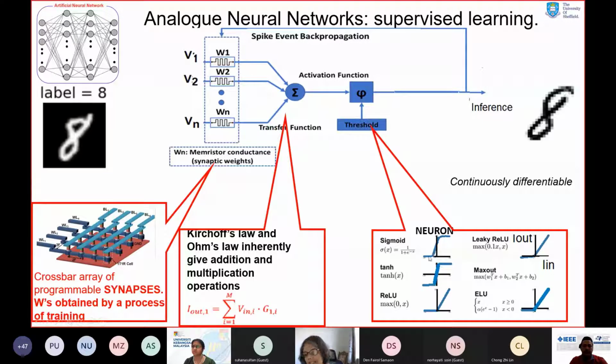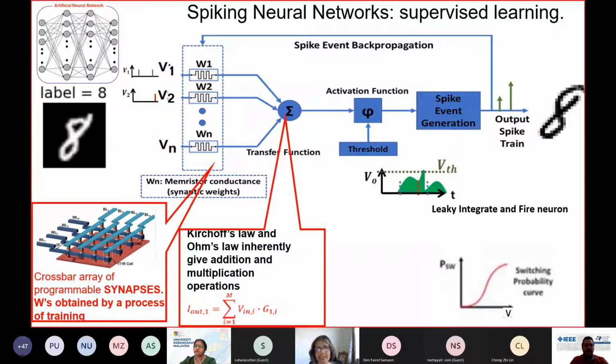You want more complicated information. So you've got a large number of possibilities for neurons. In order to have this feedback path possible, these functions must be continuously differentiable, and that makes this a process of supervised learning.